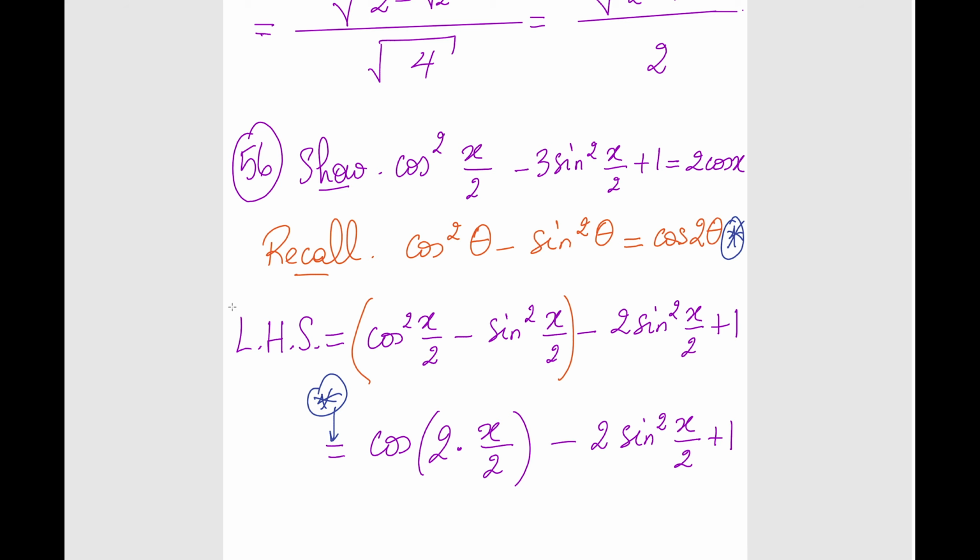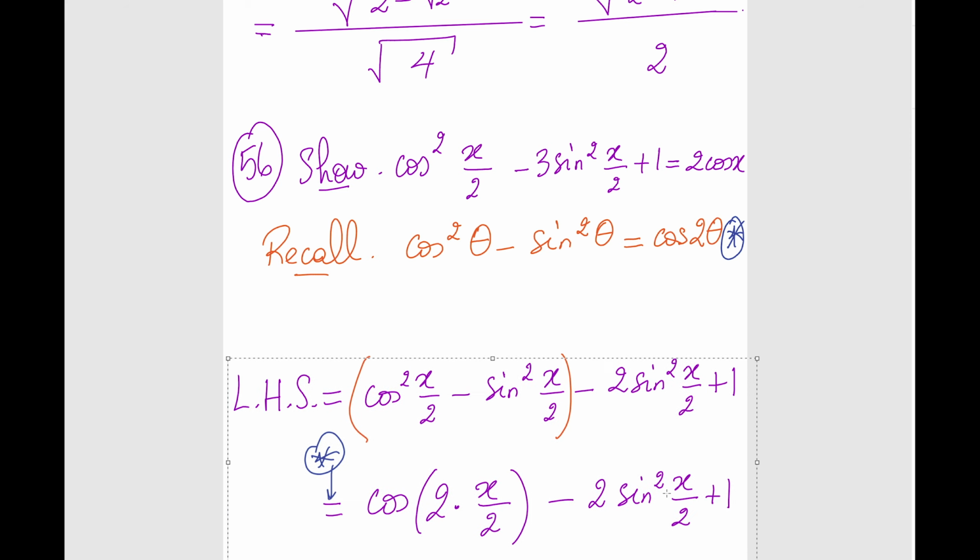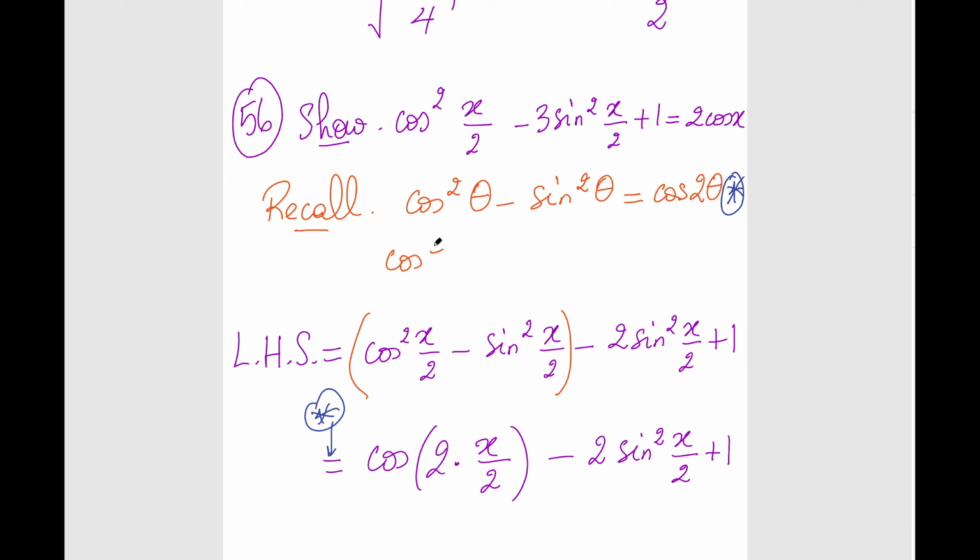Let me take all this down a little bit, and let's recall another formula. We also know that cosine of 2 theta is equal to how much? Another way to represent cosine 2 theta. I have 3 ways, remember?